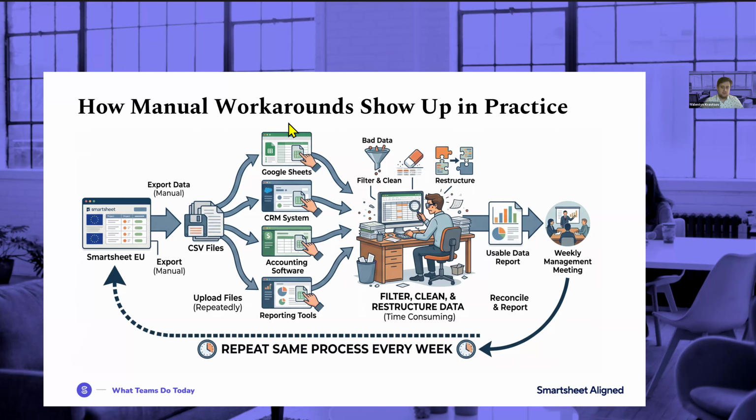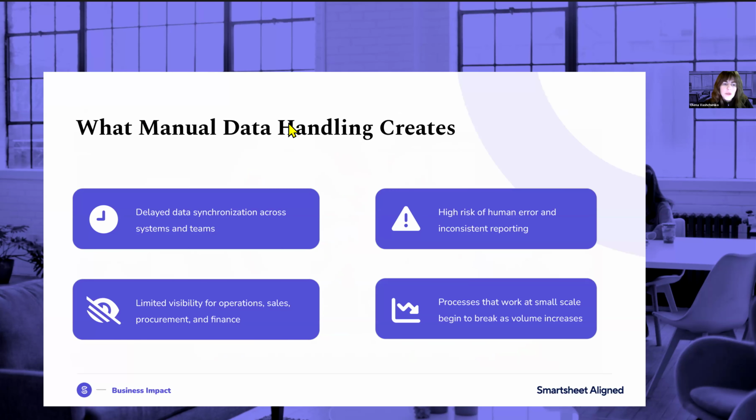But in reality, you only need a small part of it. So teams spend additional time filtering, cleaning, and restructuring data before they can use it. So the issue is not just about integration, but actually about how the work gets done.